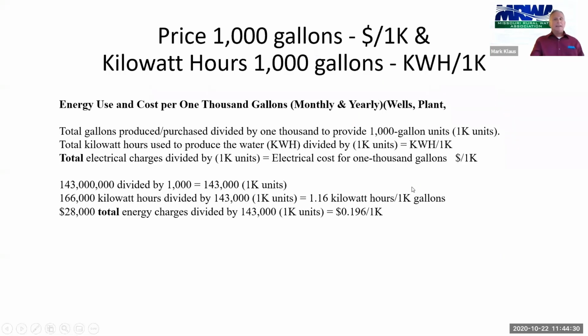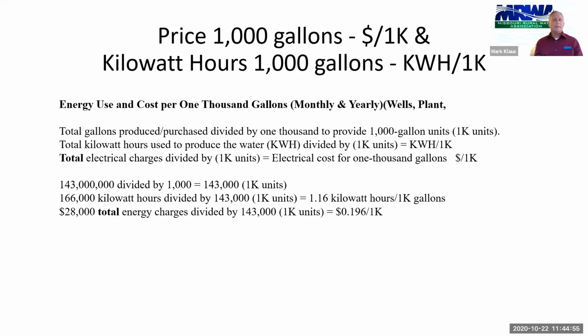Okay, all right. Obviously, I notice everything that we do has to have some kind of math involved. Sorry, we'll go over this basically. We're going to talk about the price per 1,000 gallons, the cost per 1,000 gallons, and then the kilowatt hours per 1,000 gallons.